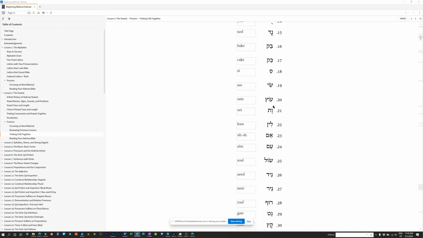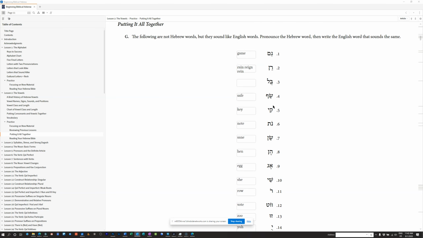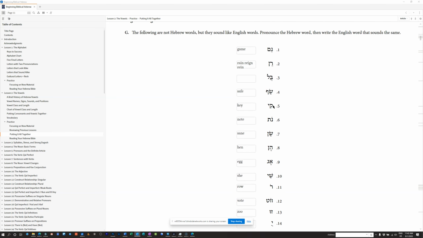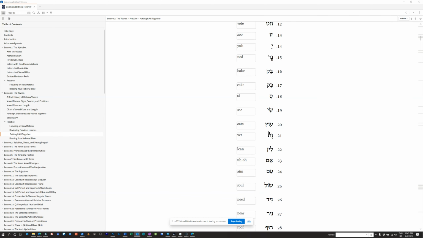The same with the kaf. No final kaf here. Of course, you've got final mem, but mem only has one sound. Final nun only has one sound. It's really just the pe and the kaf.